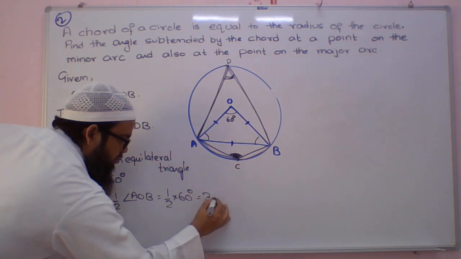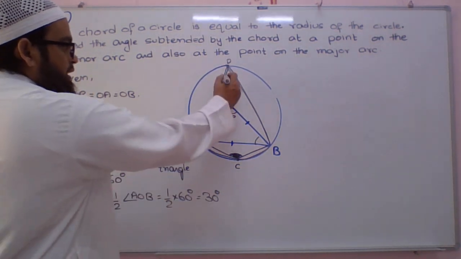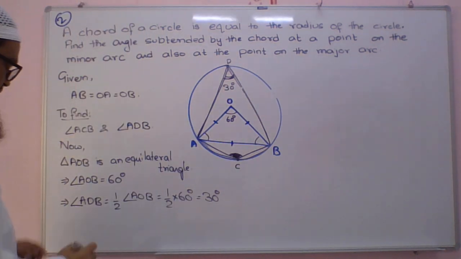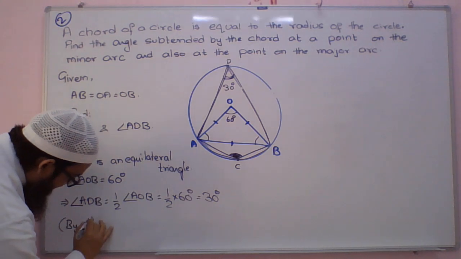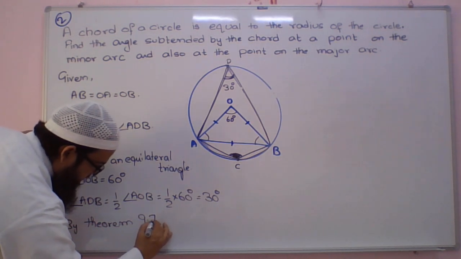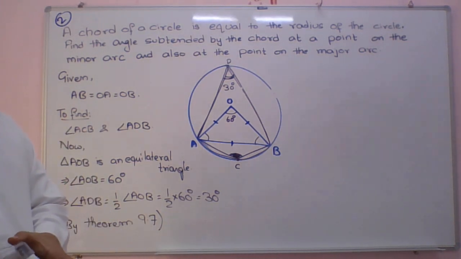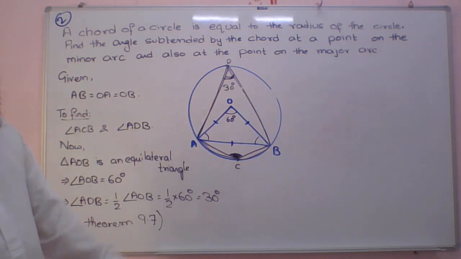So we got angle ADB is equal to 30 degrees. Why is it 30 degrees? By theorem 9.7. What is theorem 9.7? The angle subtended at the center is double the angle subtended at any other point on the remaining part of the circle. Now is it clear?